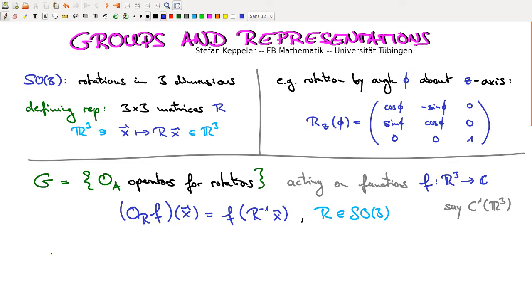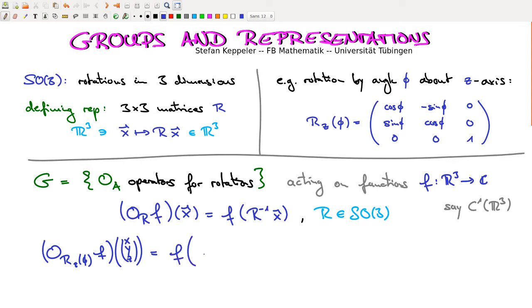So let's look at what happens if we still have this rotation about the z-axis over here. Let's look at this as an example. So ORZ of phi applied to some function f, and let's say evaluated at x, y, z. What's that?